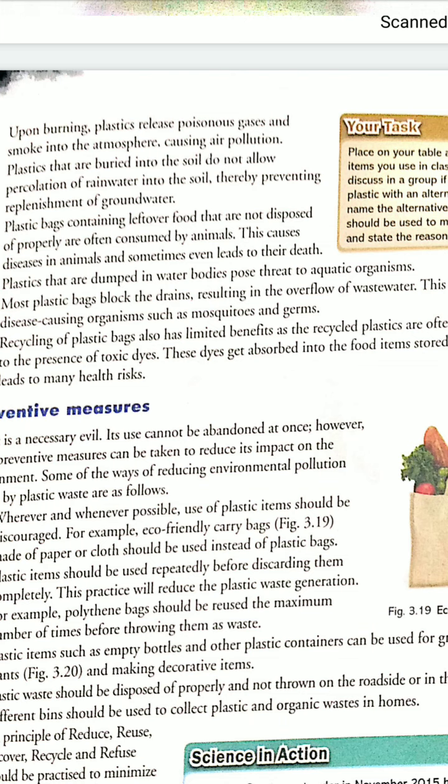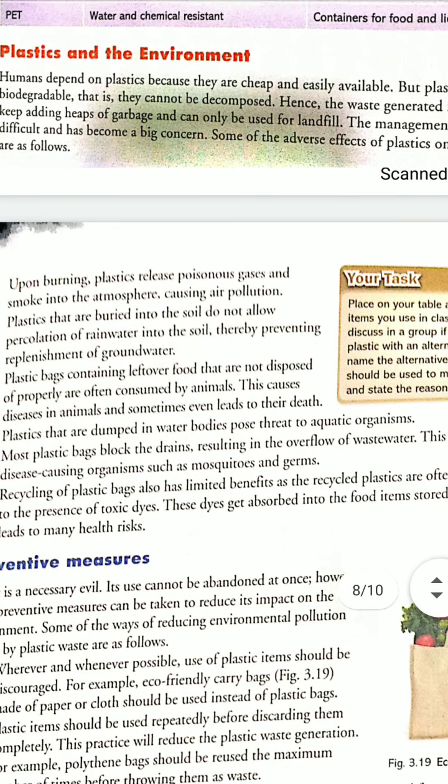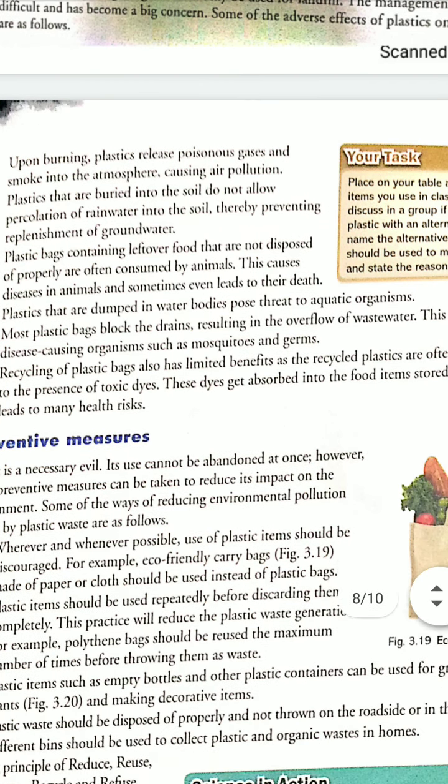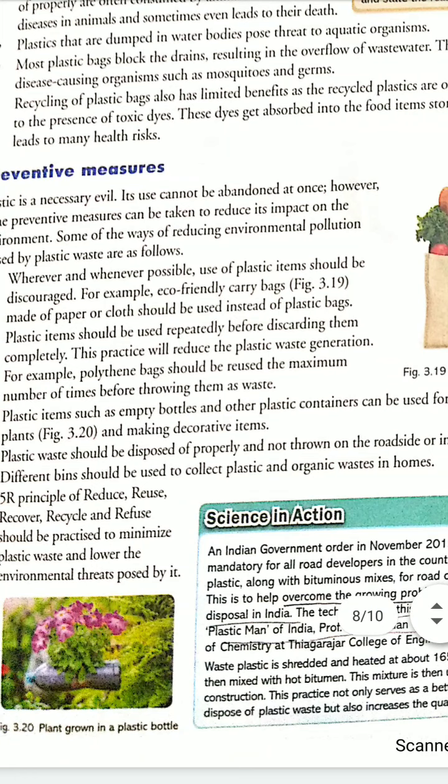Since it develops many toxic dyes, isn't it? So I have explained to you that plastic is not good for our environment. If we dump it in the sewer system, if we throw it out, if we burn it under the soil, if we burn it in the atmosphere, then in every aspect plastic is creating trouble for us, isn't it?